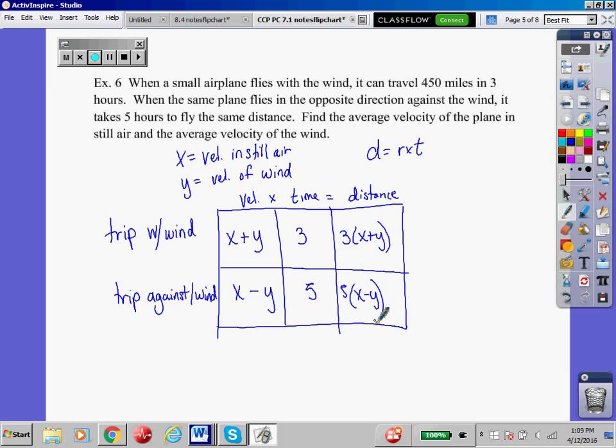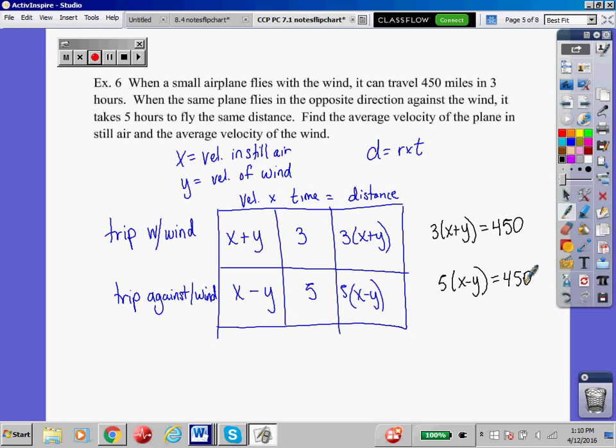So I like these boxes. The boxes help me. So watch how I'm going to come up with my system. Your distance, 3 times x plus y, the distance was 450 miles. So flying there and back is 450 miles.